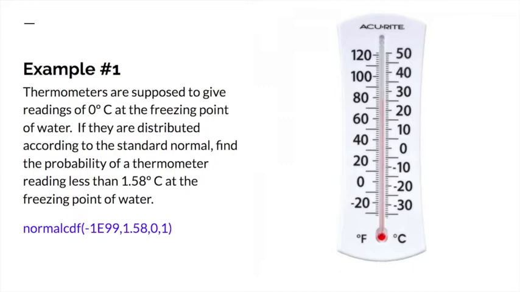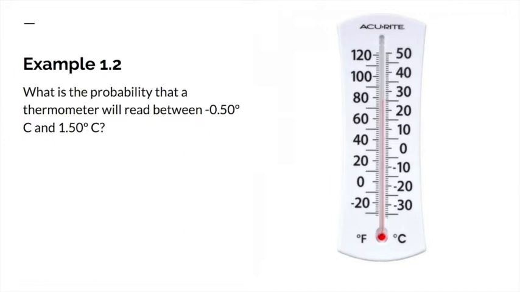The mean is still 0, the standard deviation is still 1, so if you hit paste on that, it should pop this that I have in blue up on your screen, and then you press enter and you should get 0.9429 for a probability.